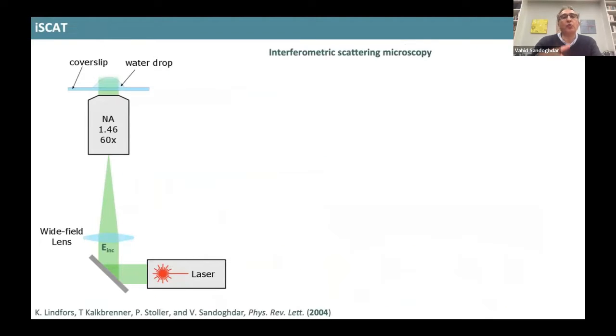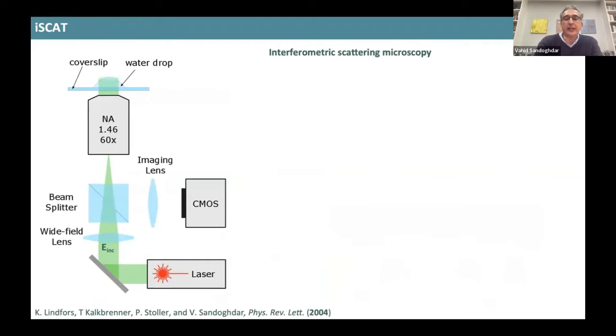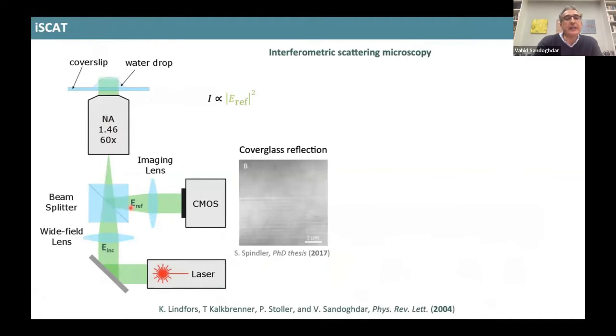So again, that's high school physics that you're being reminded of. And the way interferometric scattering microscopy works, as opposed to dark field microscopy, is that you again illuminate the sample, but instead of dodging the illumination, you actually collect light that is coming back from the sample.